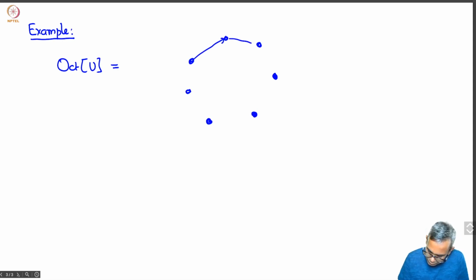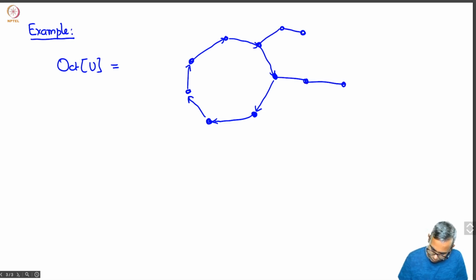An octopus structure on U means that you take some points of U and you form a cycle, but then you have more points on U which are somehow connected to that cycle. So this is an example of an octopus structure on U.